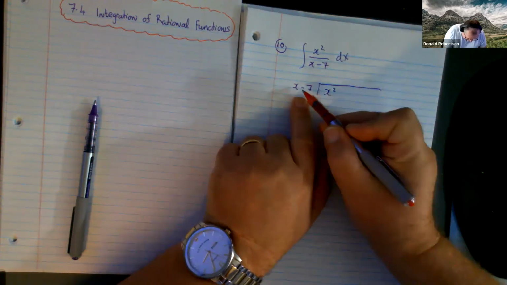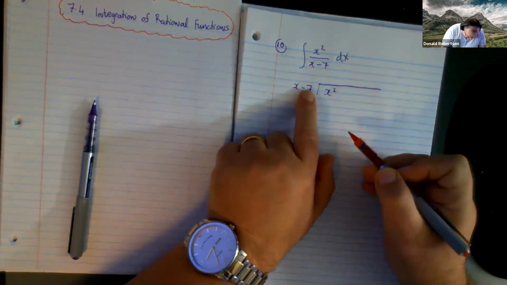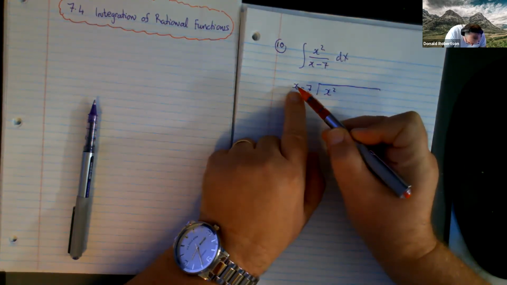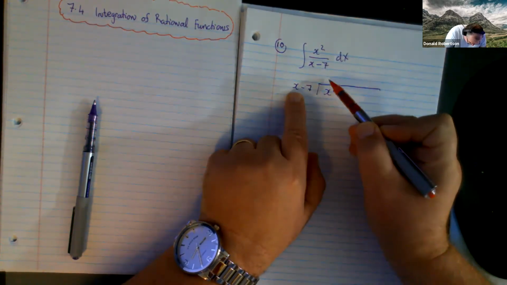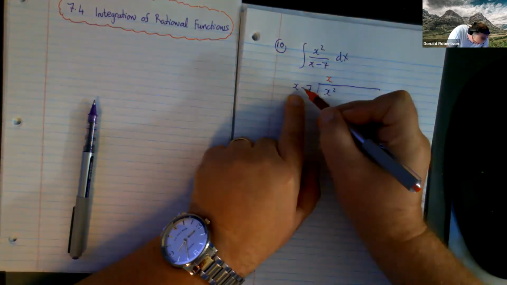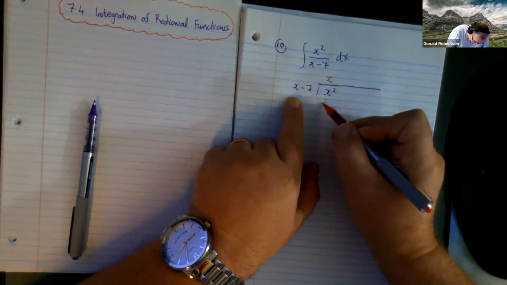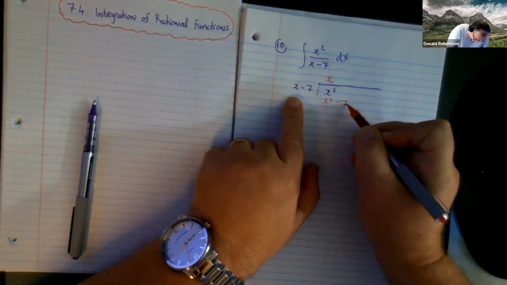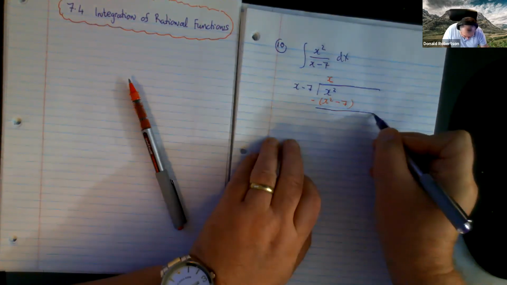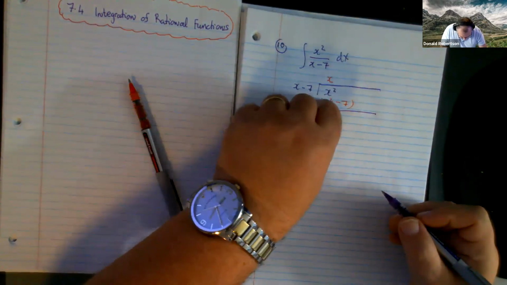You're going to take x minus 7, divide it into this guy, so you cover that guy up so it's not a distraction, and you basically say, what do I need to multiply this by to get x squared? And the answer is you multiply it by x. You then multiply x times the divisor, and you get x squared minus 7x, and then you subtract. x, take away x squared, gone.